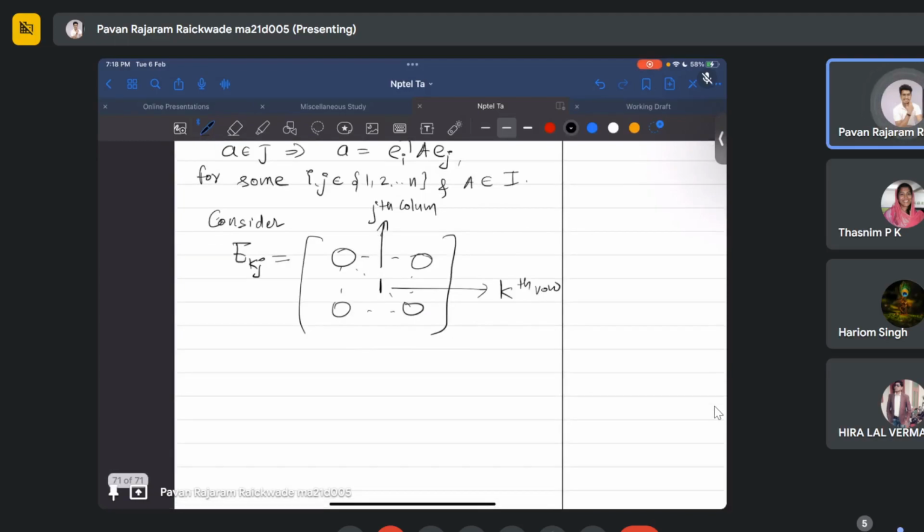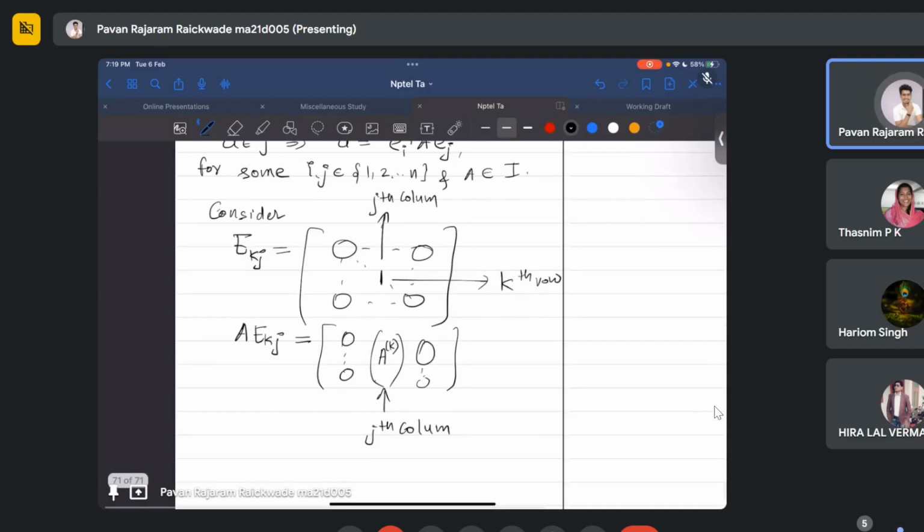So if I do A E_kj, what do I get? First, you get a matrix which is 0 everywhere except the jth column, where you have this column, which I write like A_k. Everywhere else it is 0.